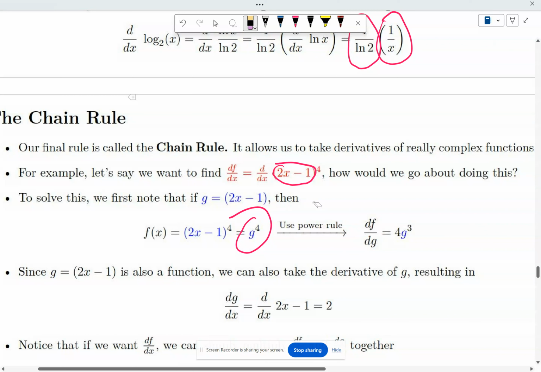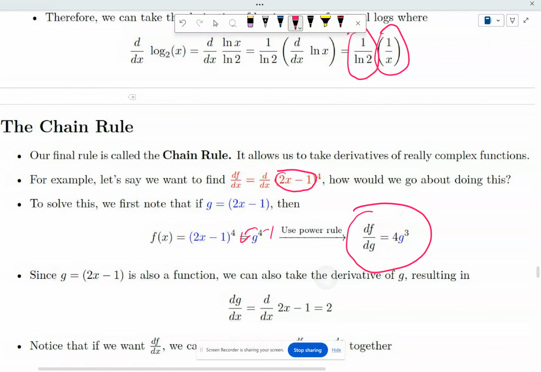If you want to find the derivative with respect to g, we simply have to use the power rule. So you move the 4 down and subtract by 1. That's how we get this. So we now know the derivative of the function with respect to g.